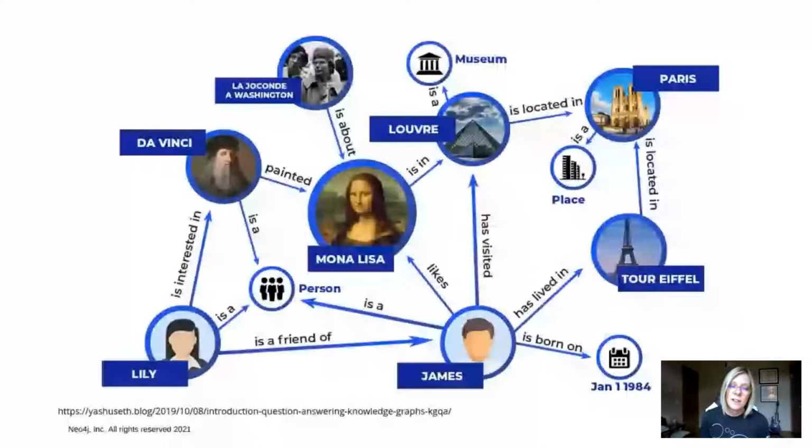Now, we see that Lily is a friend of James. We might think then that Lily, who does not presently have a relationship to the Mona Lisa, we might want to recommend that Lily go see the Mona Lisa, particularly as we see that she's also interested in Da Vinci. So we can use knowledge graphs not only to help us understand some corpus of information, but we can also use them to make stuff.